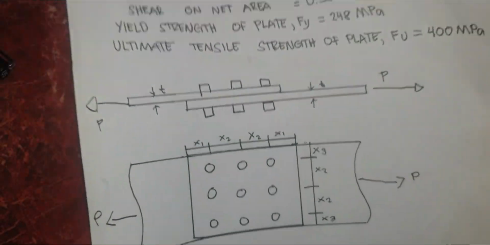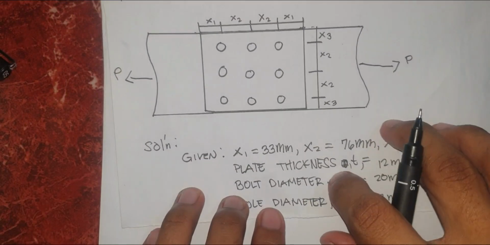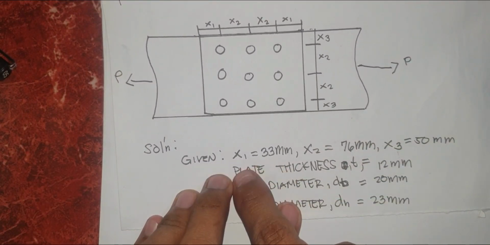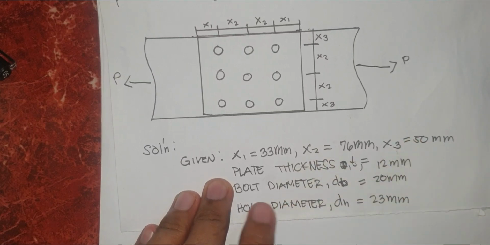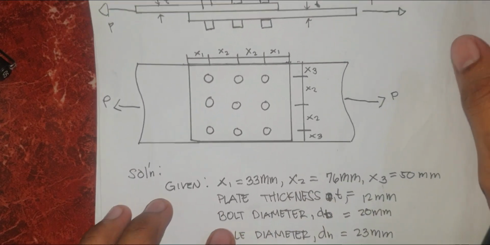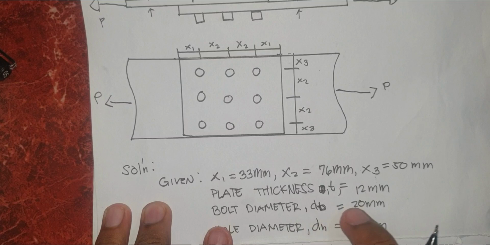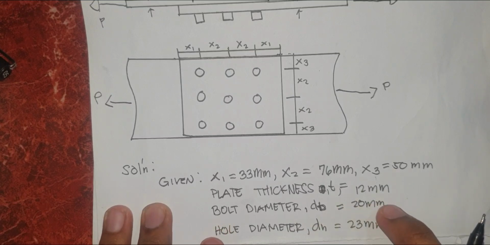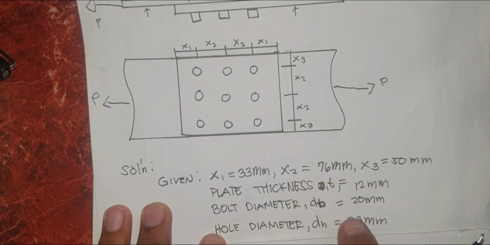First of all, we need to find the given. So x sub 1, x sub 2, and x sub 3 are given from the question. The plate thickness t equals 12 mm, the bolt diameter is 20 mm, and the hole diameter is 23 mm.